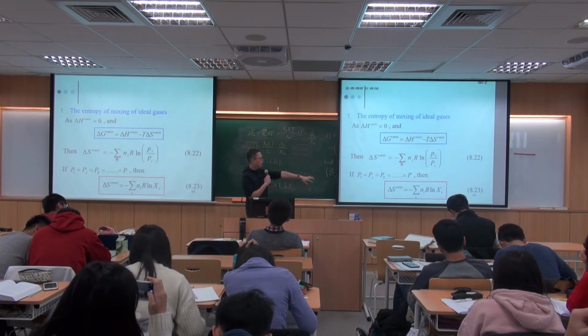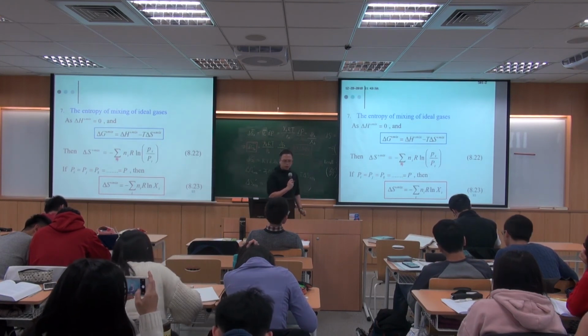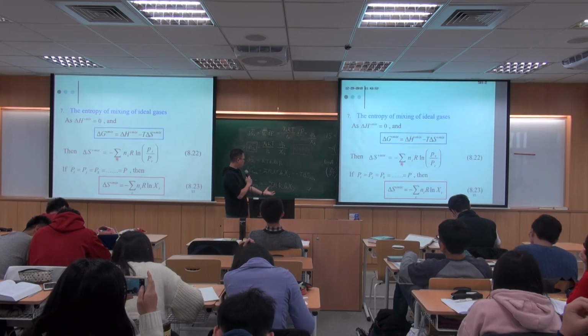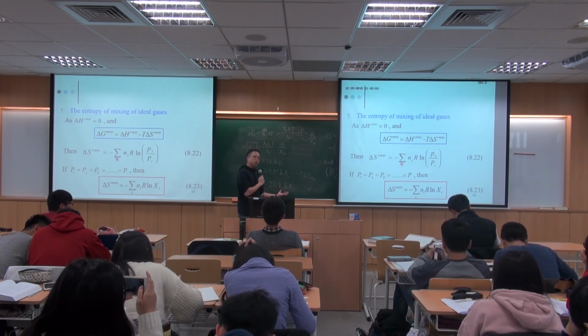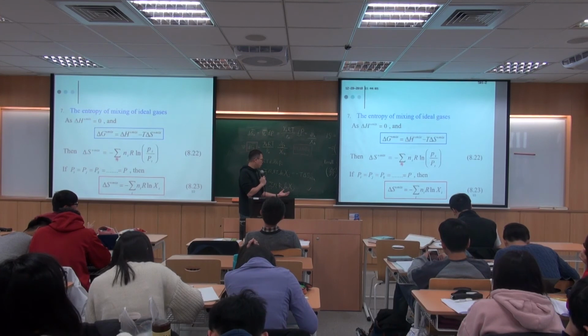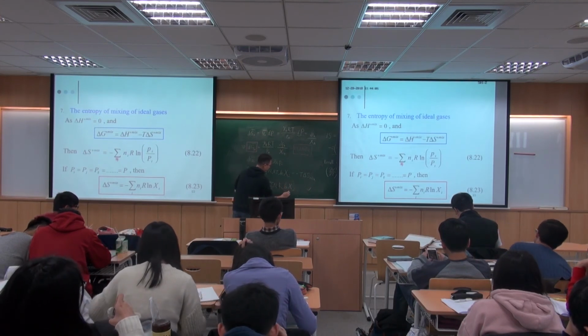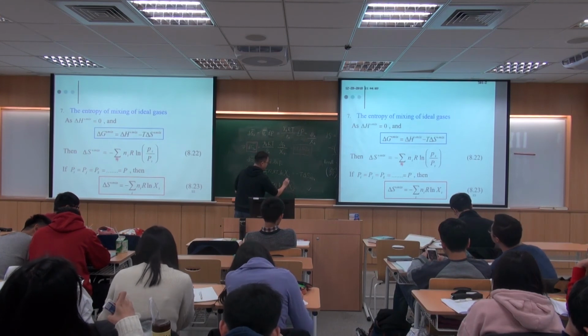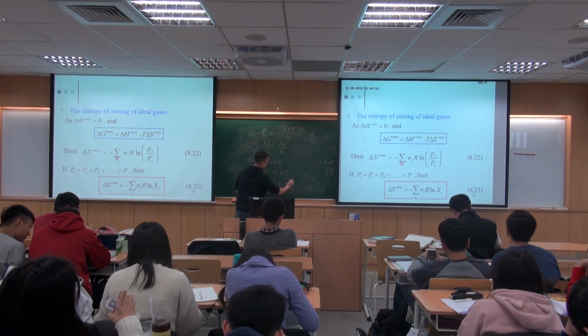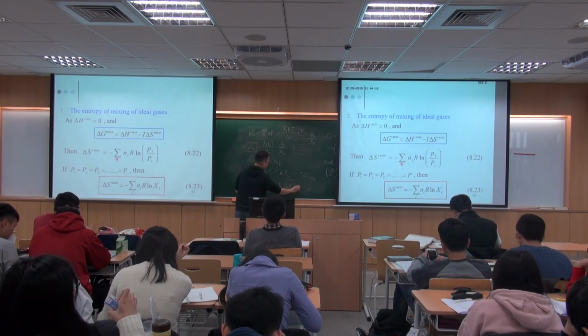Right? So that's the equation at the bottom. You sum over all the contributions from different gases. And we all now know that this log Xi is negative. Okay, so this is less than 0.